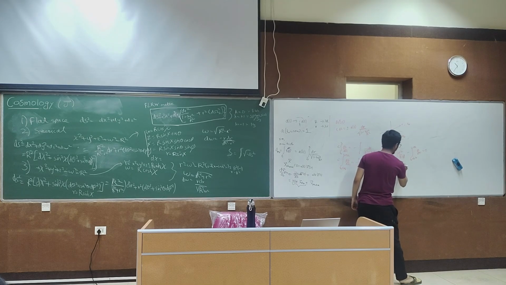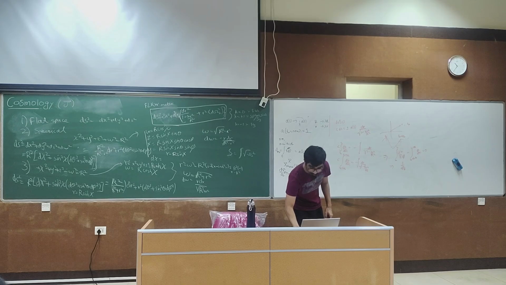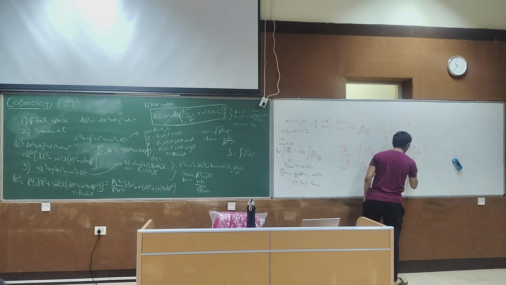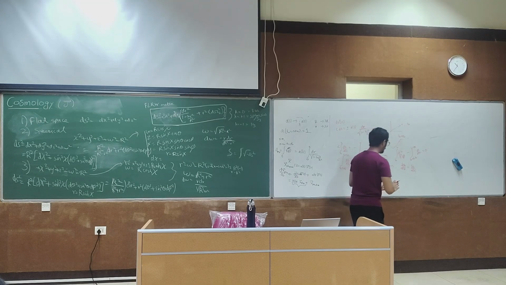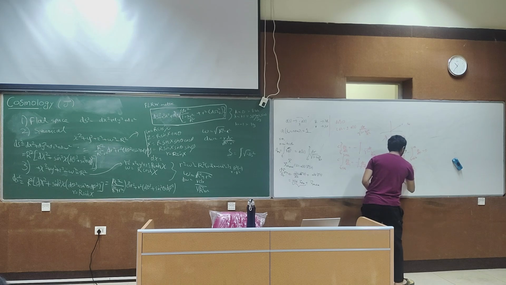So we can just subtract the things directly, and what we get is delta t0 by a of t0, or to put it more cleanly, delta t1 by a of t1 equals delta t0 by a of t0.